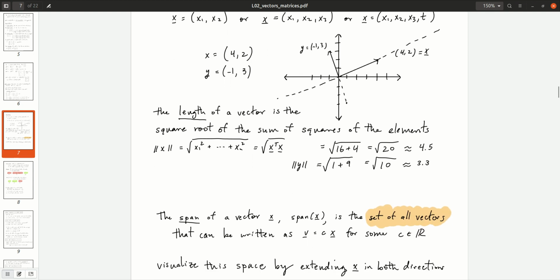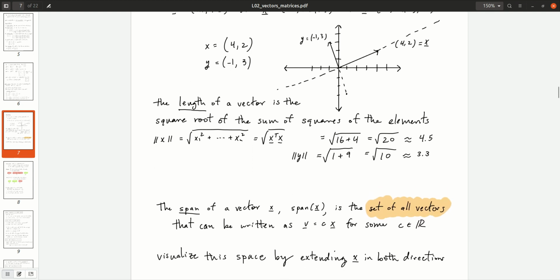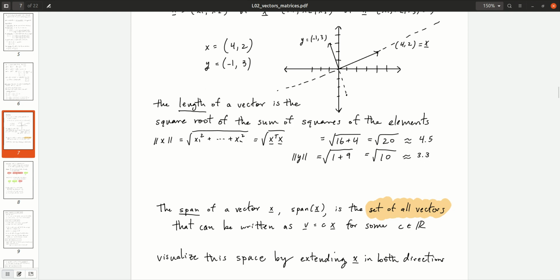One of the really important topics in this course is the span of vectors and vector spaces. So let's start building this up in the simplest possible case. We can talk about the span of a vector x, and we denote that with this notation, span of x. This is the set of all vectors that can be written as v equals c times x, where c is some scalar.